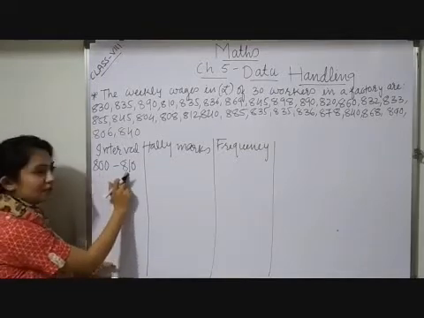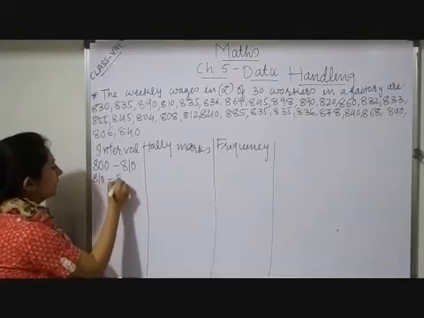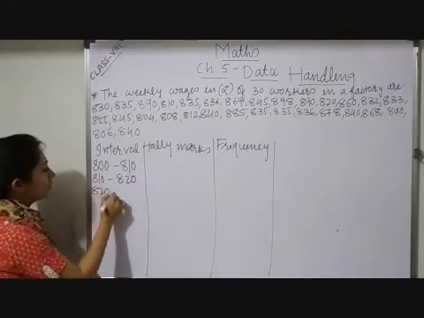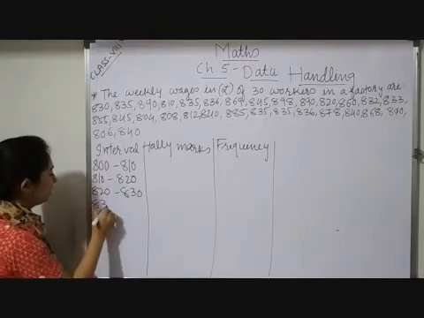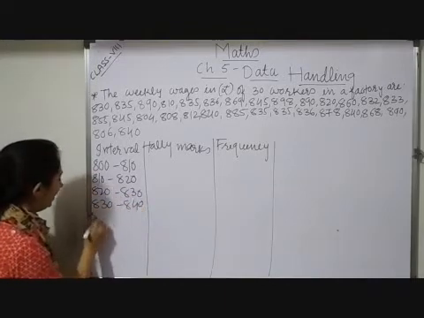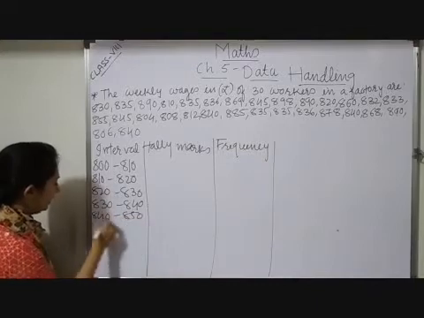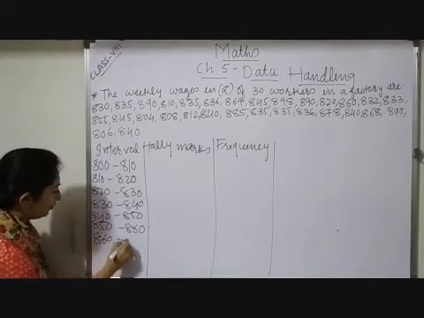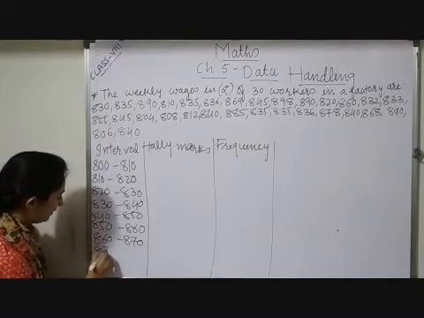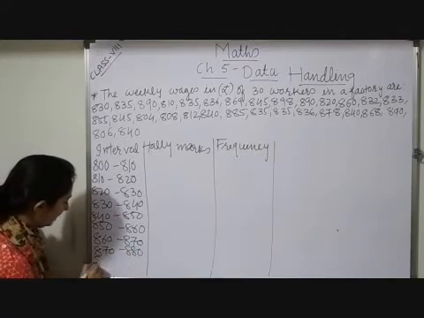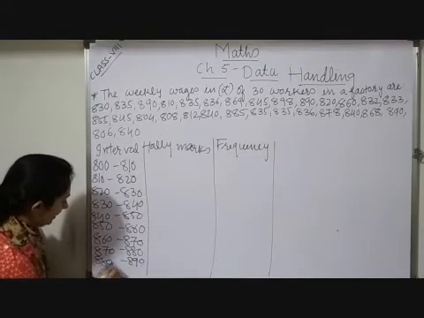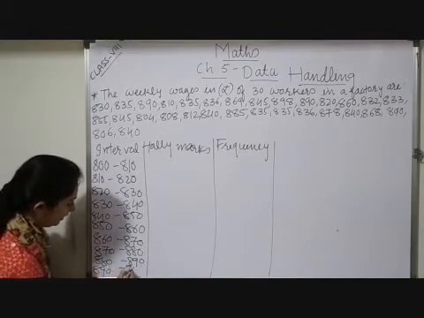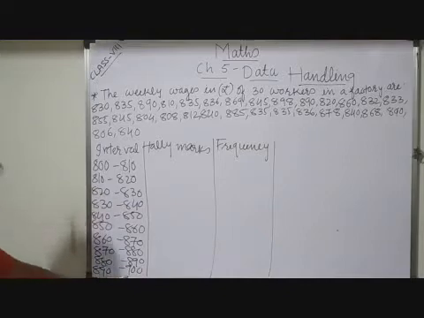So 800 to 810, 810 to 820, 820 to 830, 830 to 840, 840 to 850, 850 to 860, 860 to 870, 870 to 880, 880 to 890 and 890 to 900. I will not go further because I know that the hundreds place in all my observations is 8.